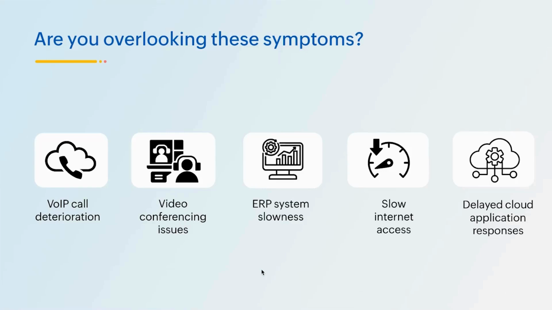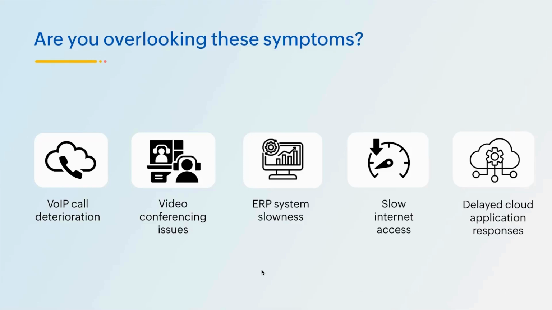The first one is VoIP call deterioration. The symptoms are frequent call drops, jitter, and poor audio quality. The second one is video conferencing issues. The symptoms are video lag, pixelation, and frozen screens. The third one is ERP system slowness.